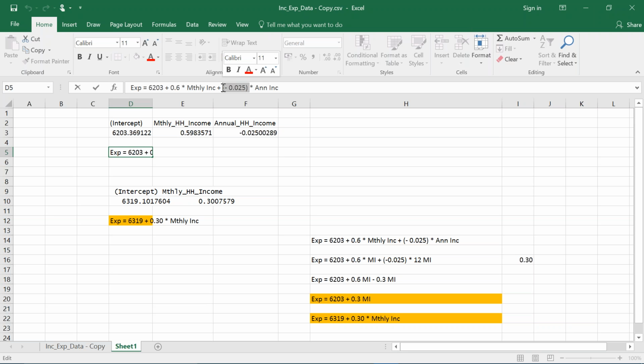If I remove 10 records out of it and again run a regression, it is quite possible monthly income may end up with negative beta and annual income may end up with a positive beta. Again, because there is a linear equation between them. There is a relation between them, and that relationship is automatically going to adjust.